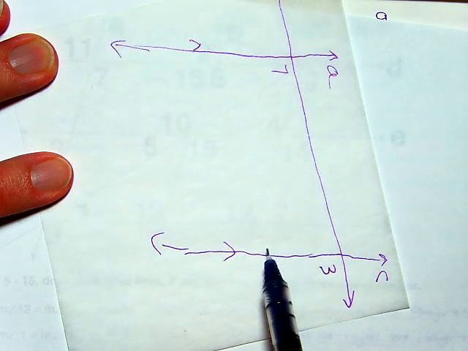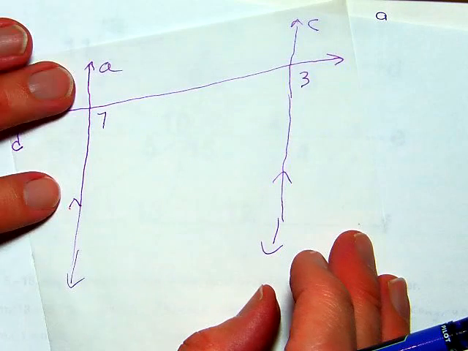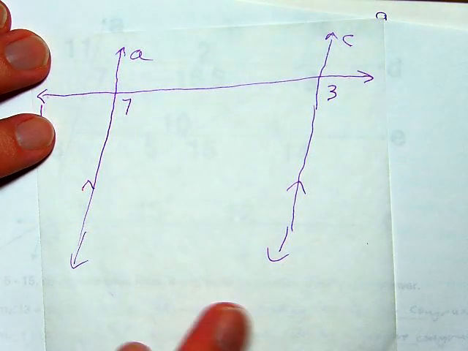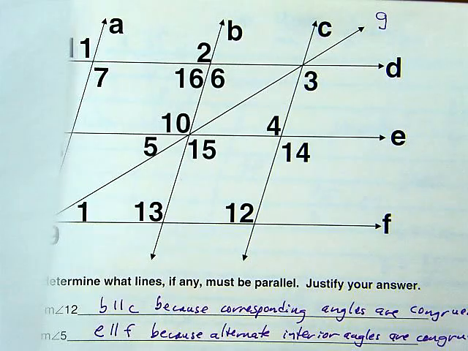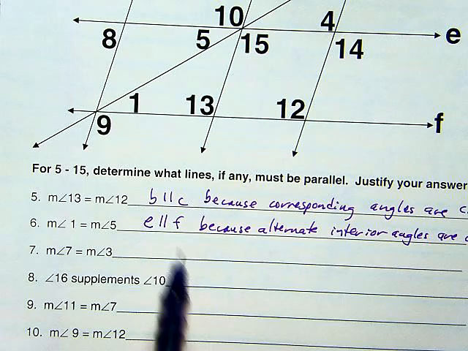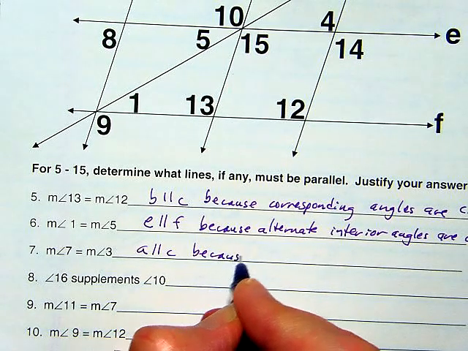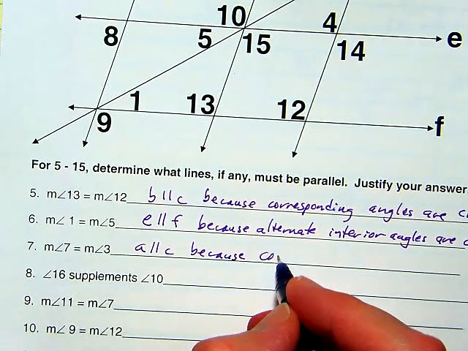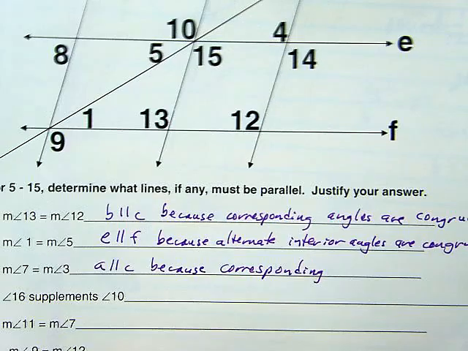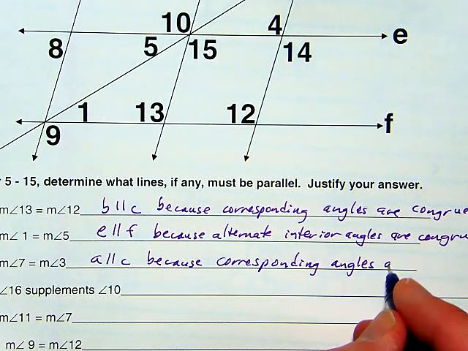These two parallel lines now are horizontal, or you could look at them as the two parallel lines being nearly vertical. But any way you look at it, angle 7 and angle 3 are corresponding angles. So we've got line A is parallel to line C because corresponding angles are congruent.